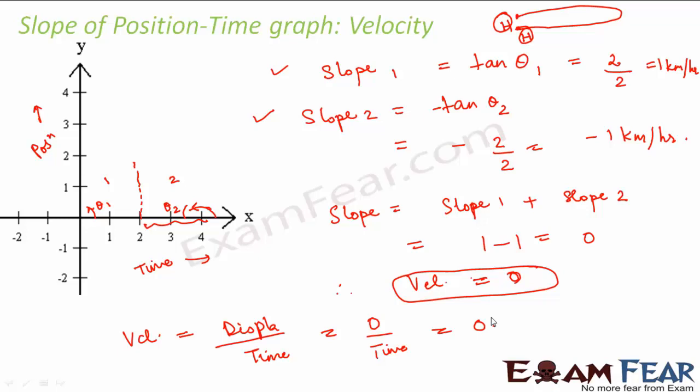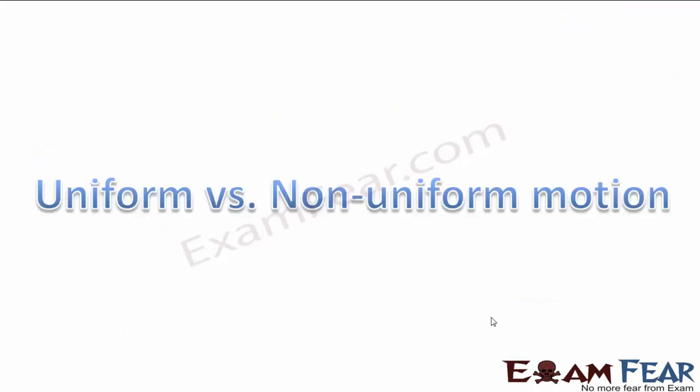Velocity is the rate of change of position with time, given by displacement per unit time, and it is a vector quantity. Graphically, the slope of a distance time graph gives us speed and the slope of a position time graph gives us velocity. With this, we will discuss uniform and non-uniform motion.